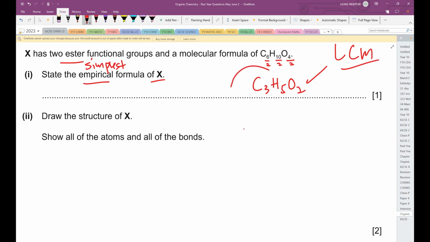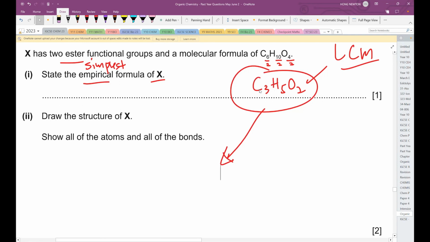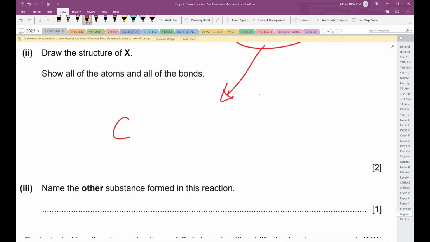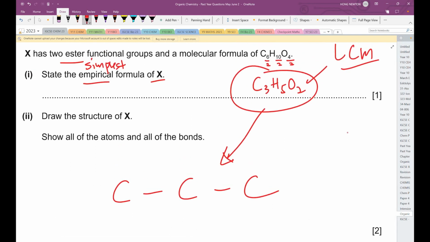Now we need to draw the structure of X. So how many carbons? 3. Okay, draw 3 carbons first, 1, 2, 3, like this. Then hydrogen. You know that this is an ester group, so that means hydrogen, hydrogen, hydrogen, hydrogen, hydrogen, so 1, 2, 3, 4, 5. How about oxygen?